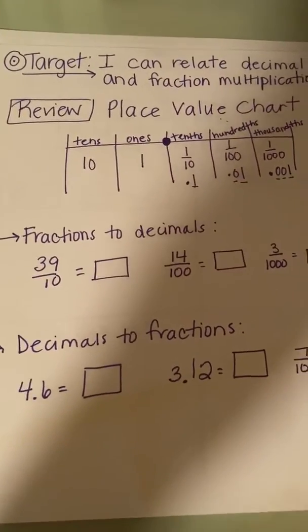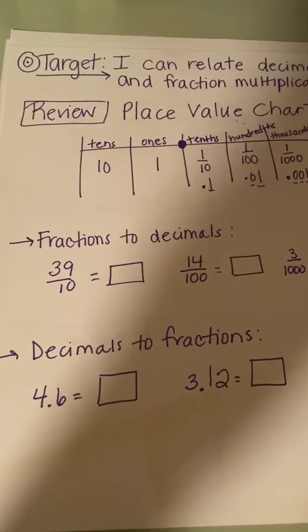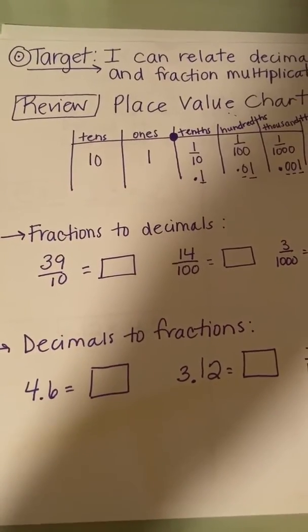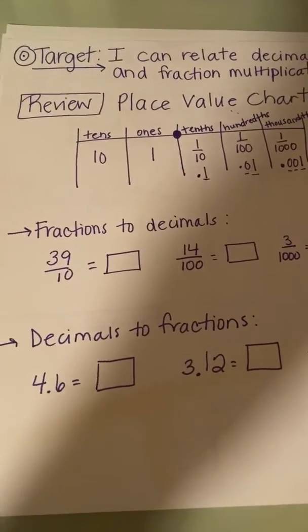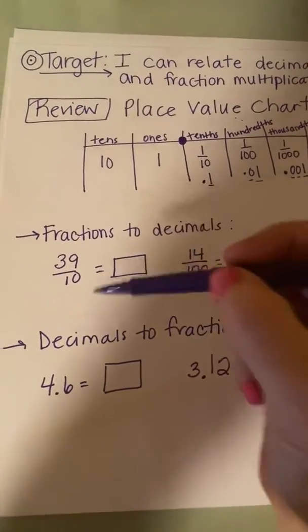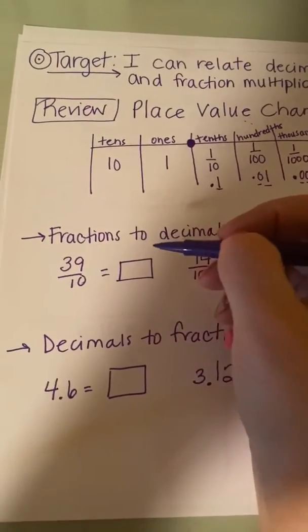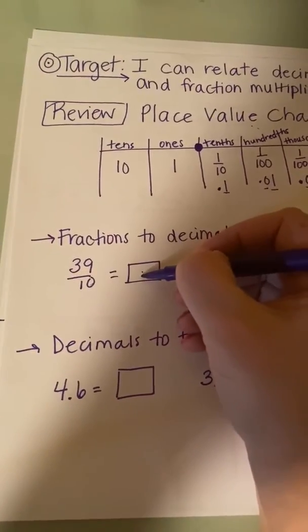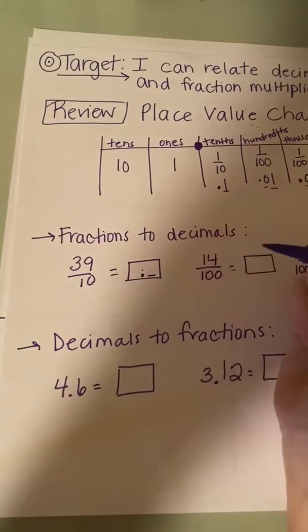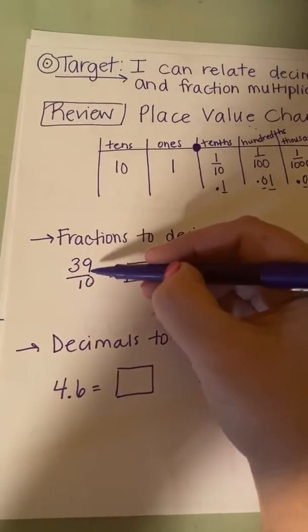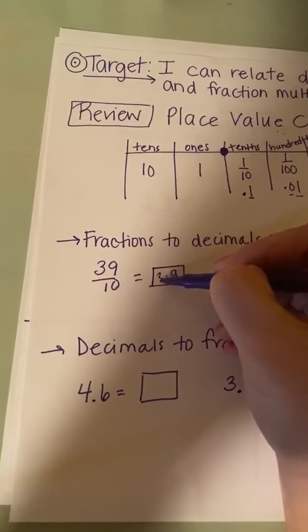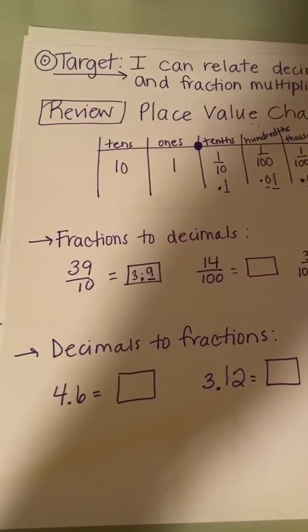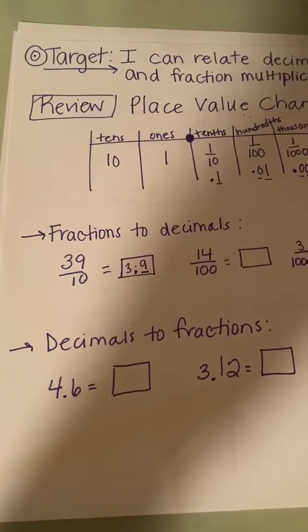Okay, so just a review from yesterday, making sure that we can still remember how to go from a fraction to a decimal, and then we're going to switch backwards and do a decimal to a fraction. So if I have 3 and 9 tenths, I know that in the tenths place there should be 1 digit after the decimal, so I fill in from the back. So I would go 9, 3, and I would read that 3 and 9 tenths.